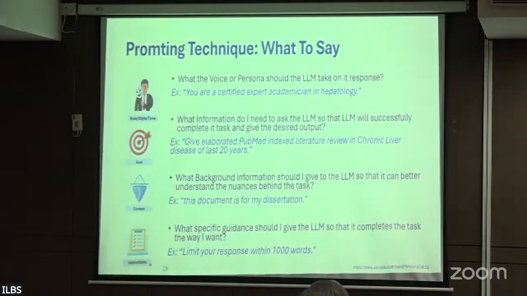And you can tell it to limit your response within 100 words. You can also add what more you want in the output structure. The reference should be in AMA style or APA style. You can give a table also.